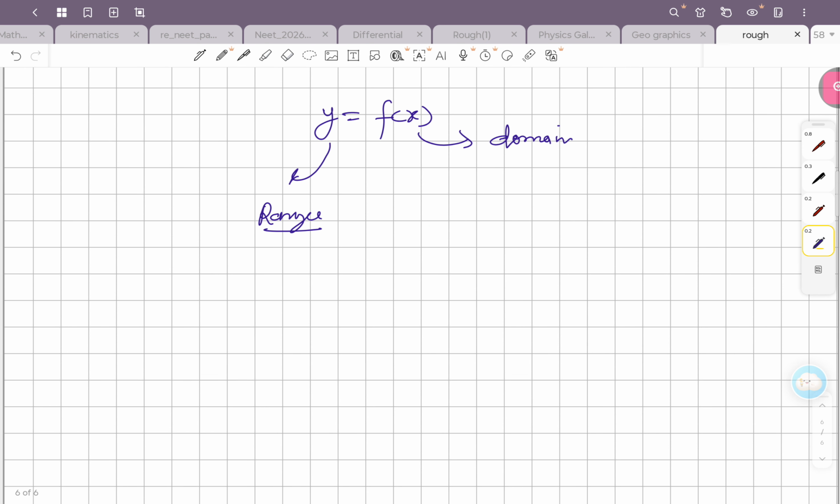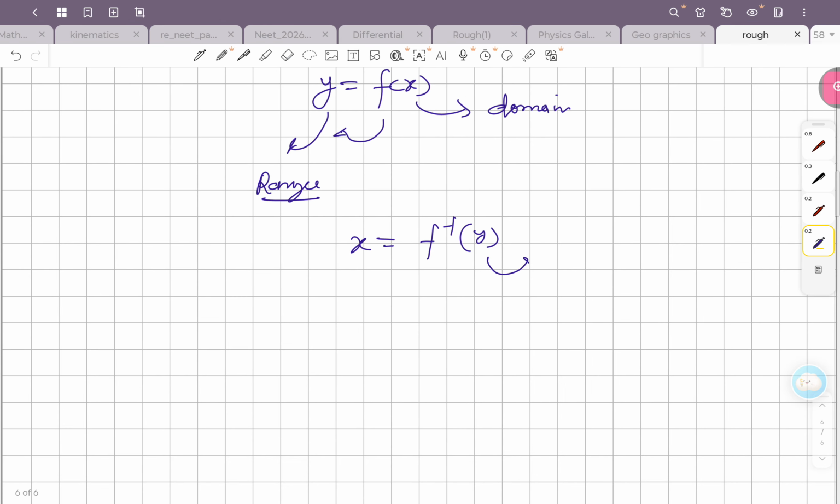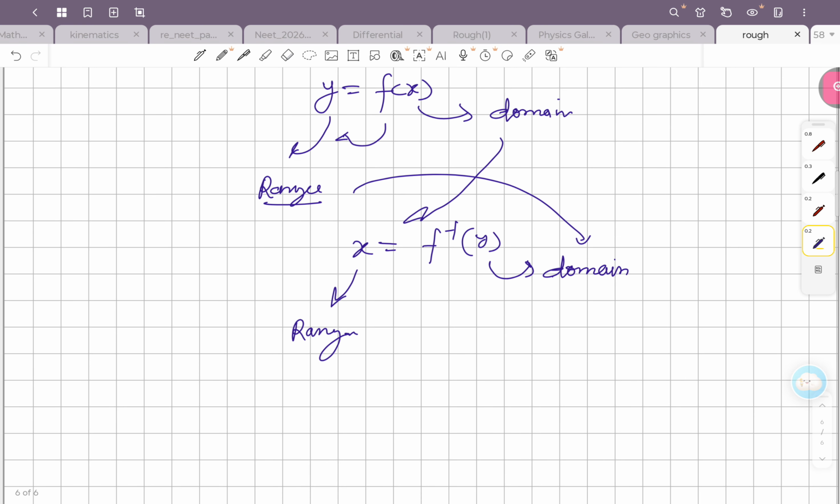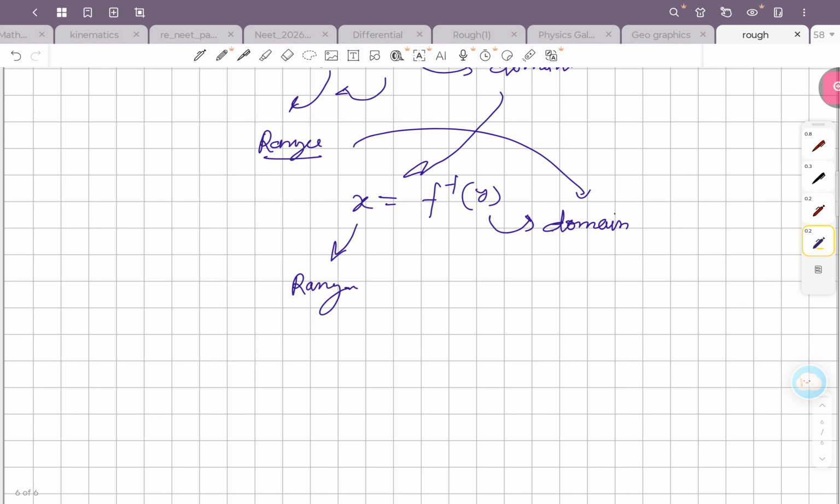But suppose I write x equal to f inverse of y, so f goes in the other direction. Now this y becomes the domain, which means the range is converted into the domain, and the domain is converted into the range. Understand? So this is called the inverse function.